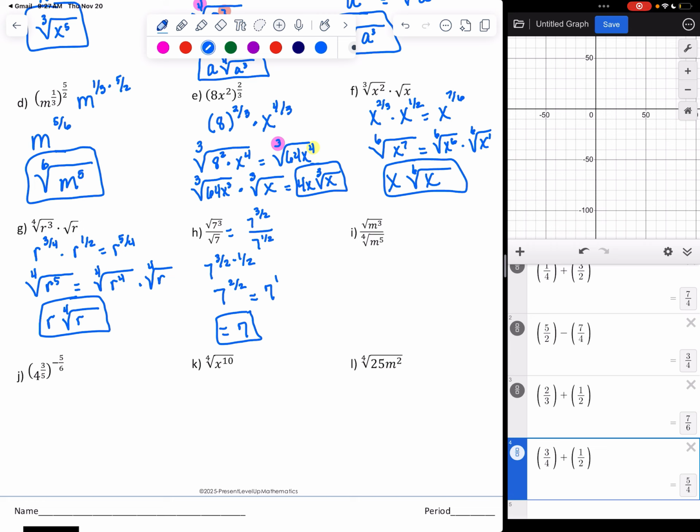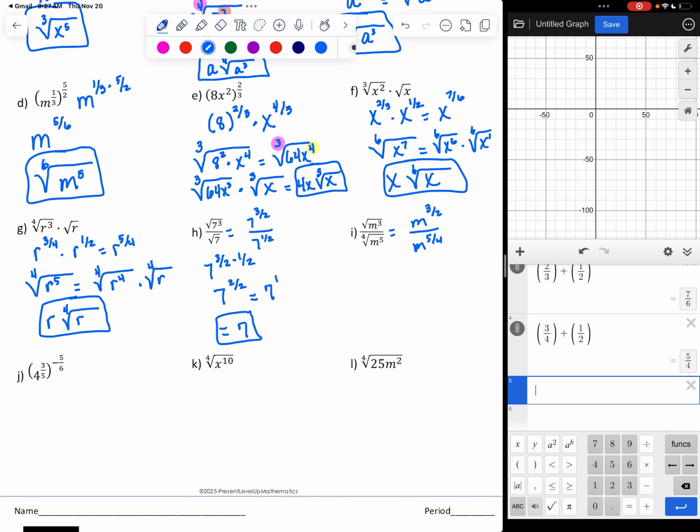All right. Problem I. We have the square root of m cubed divided by the 4th root of m to the 5 power. So I'll start out by rewriting with rational exponents. So this would be m to the 3/2 divided by m to the 5/4. So to divide with like bases, we subtract the powers.